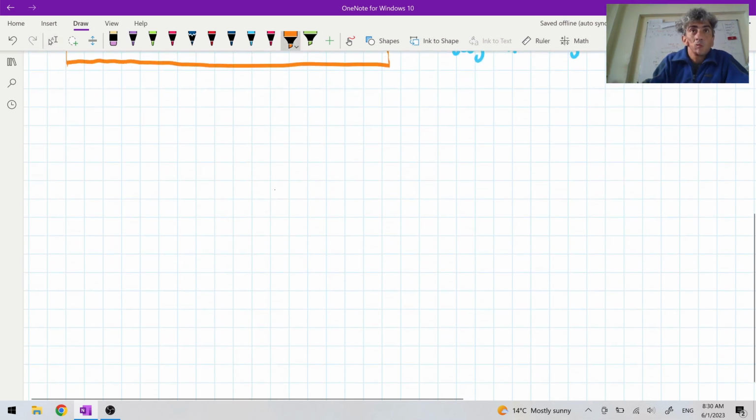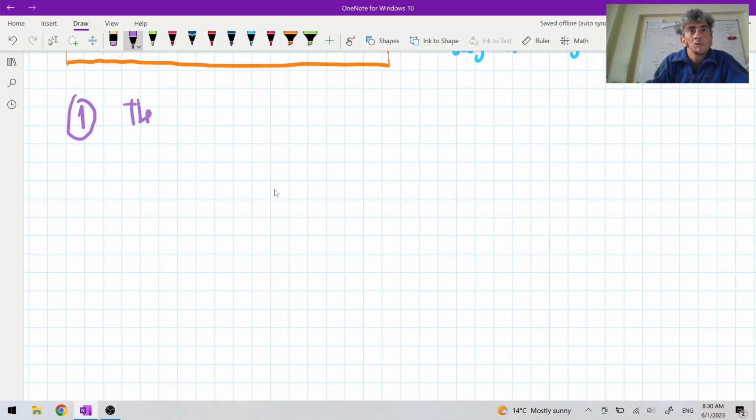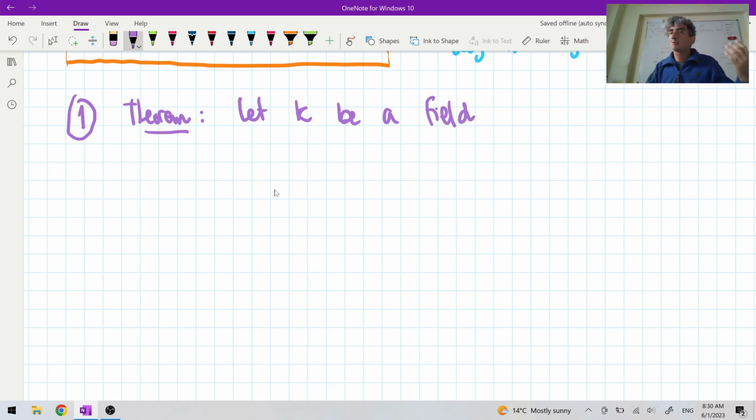One theorem, which is really a corollary of Euclidean division. Let K be a field. You can think of rational numbers, real numbers, finite fields. There are plenty of examples of fields.